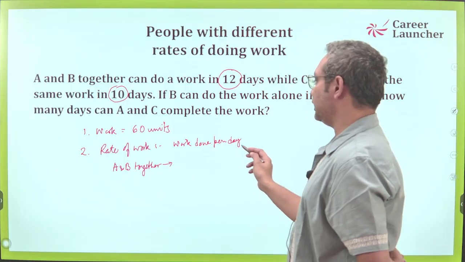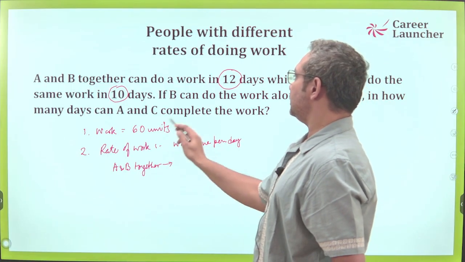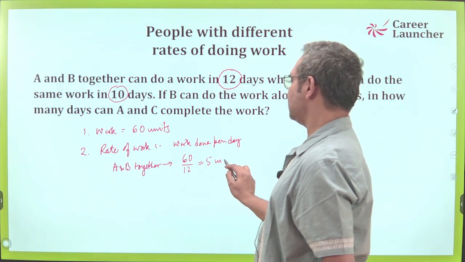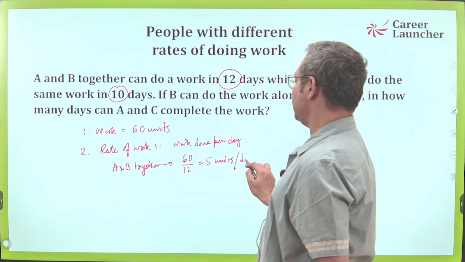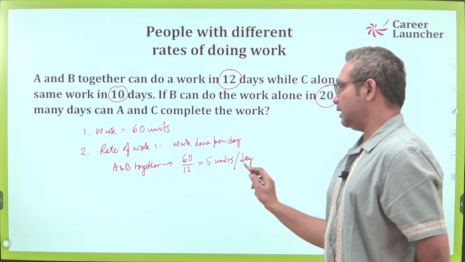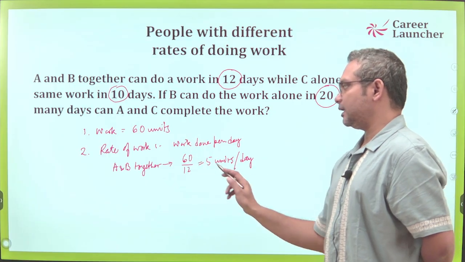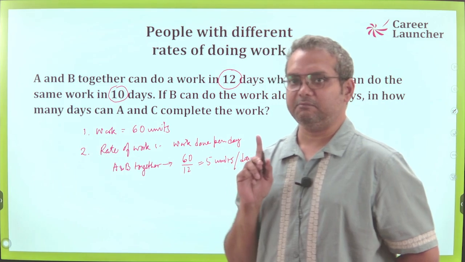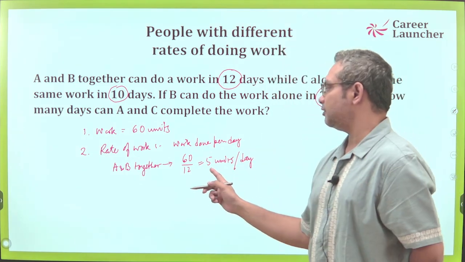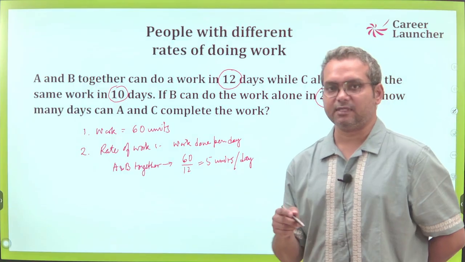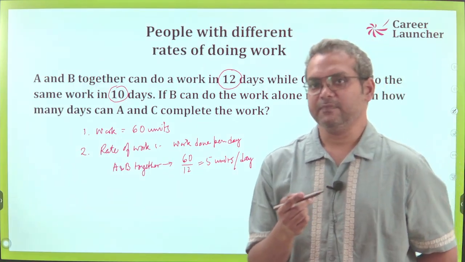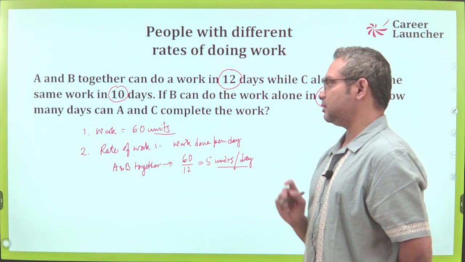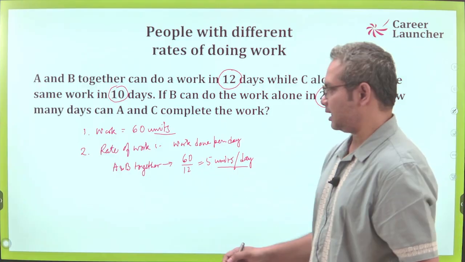So work done per day for A and B is 60 divided by 12, 5 units per day. Make sure you write units per day whenever you are writing any number. That helps you to be very clear about what you are writing. If you don't write this, at some point you might suddenly think that 5 was days. To avoid such mistakes, mention units per day, mention units. If it is days, then mention days, like that.